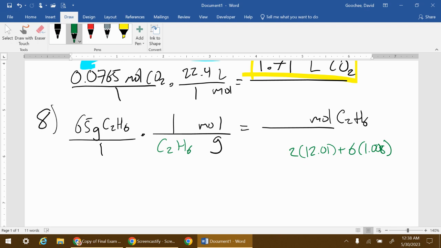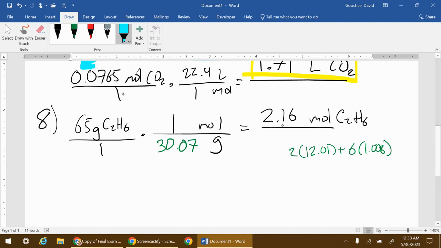So the molar mass of ethane is 30.07. So 65 divided by 30.07 is about 2.16 moles of ethane.